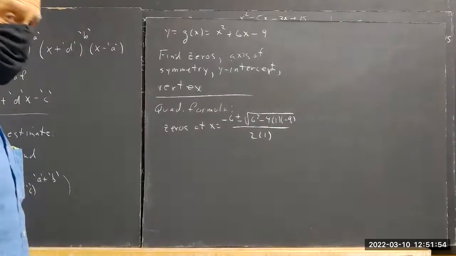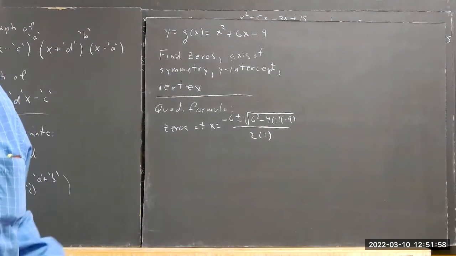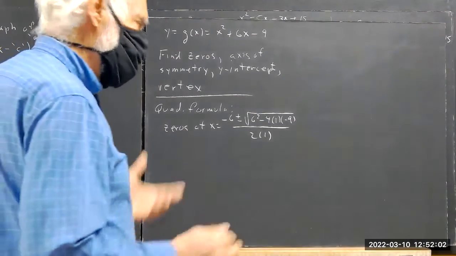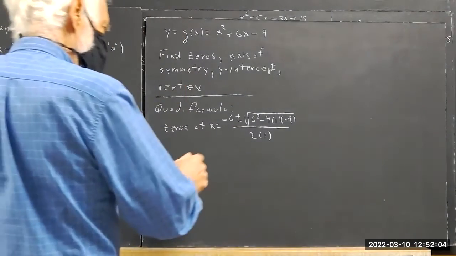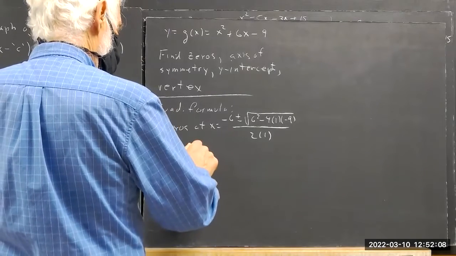I'm not going to go through the details of how you plug into the quadratic formula. People are fine with that if you know the quadratic formula. If you don't, again, think about how you're approaching the course, because everybody's going to know this one.